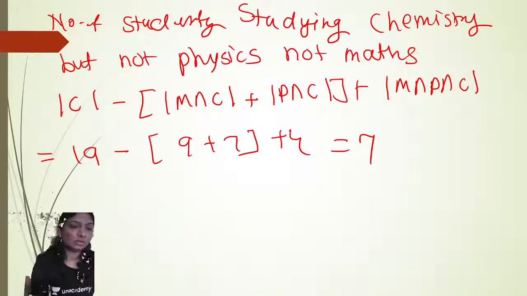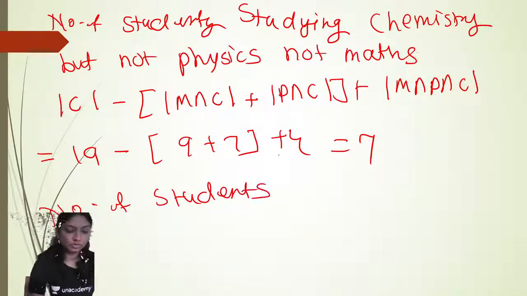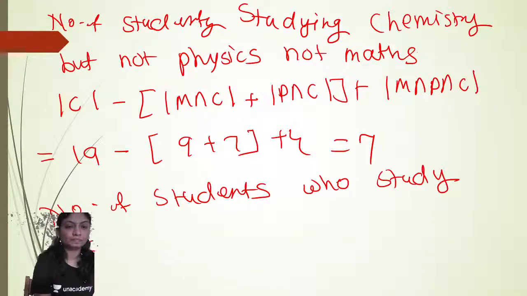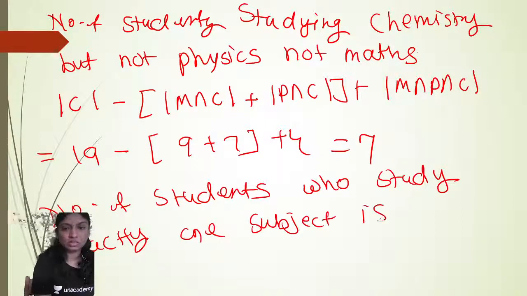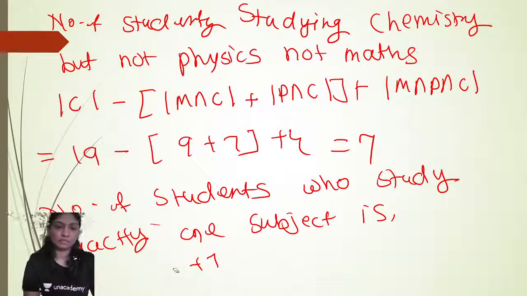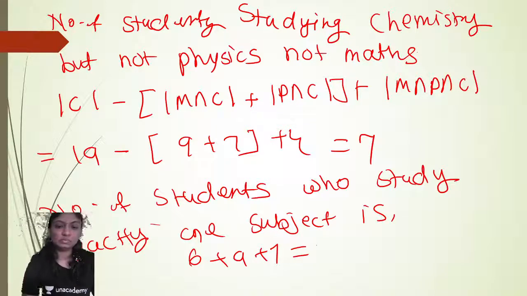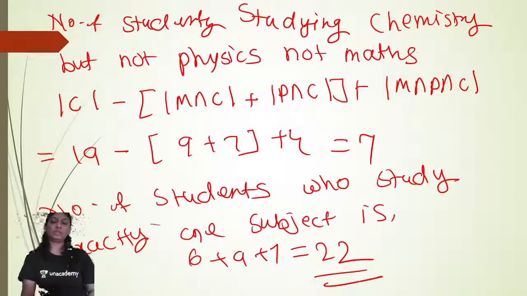The number of students who study exactly one subject is 9 plus 7 plus 6, so there are 22 students who study exactly one subject.